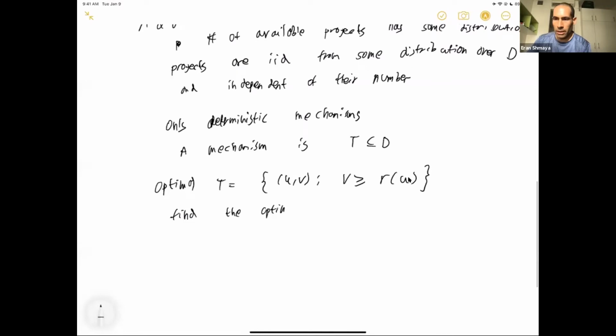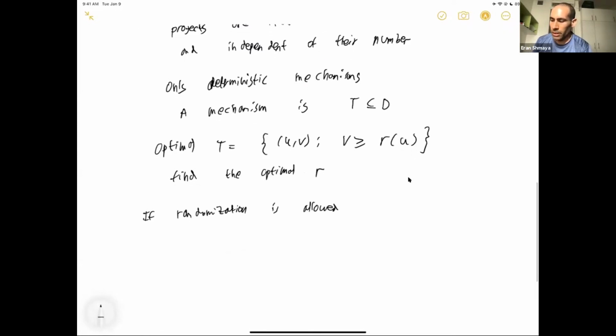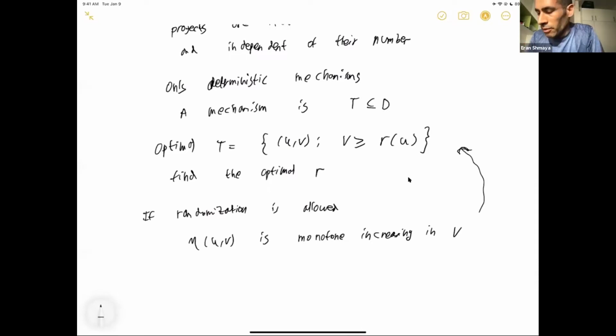So they can run a control problem whose solution is this optimal R. If randomization is allowed, then what you can get using their argument essentially is that eta UV is monotone in U, and monotone increasing in V. See, this is the analog of this for a probabilistic function, but it seems very difficult to actually find the optimal eta.